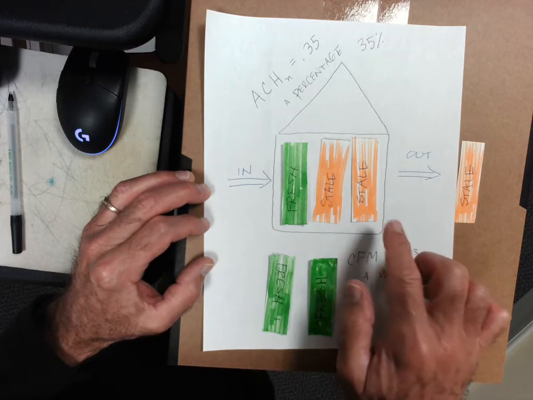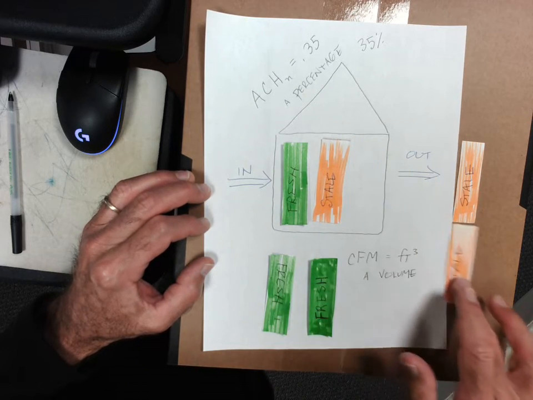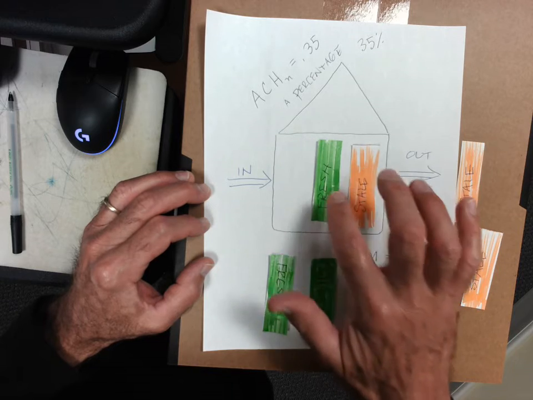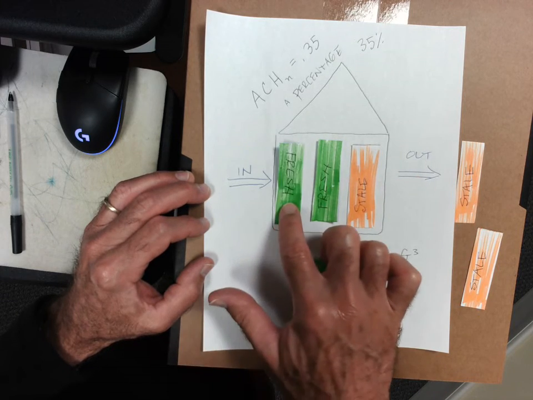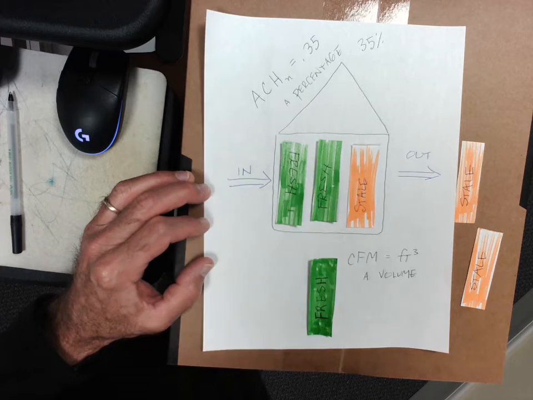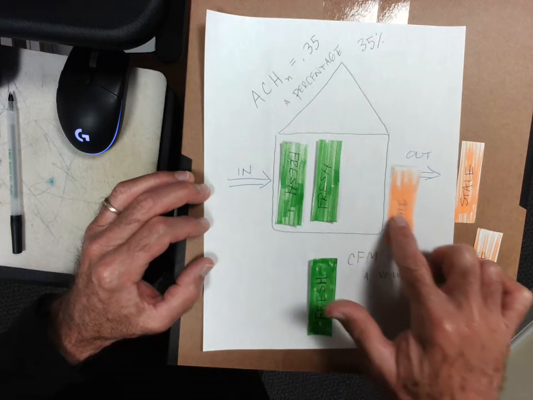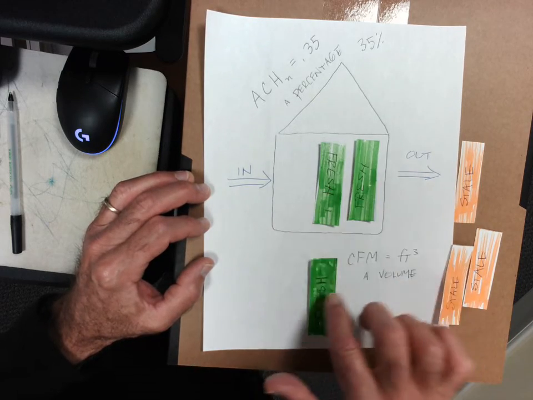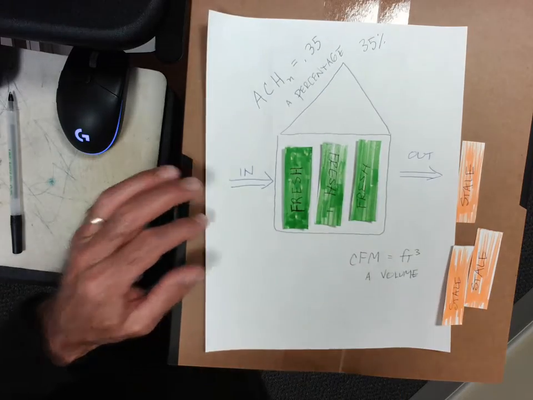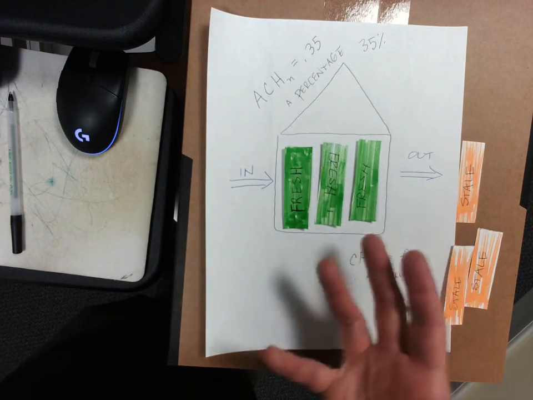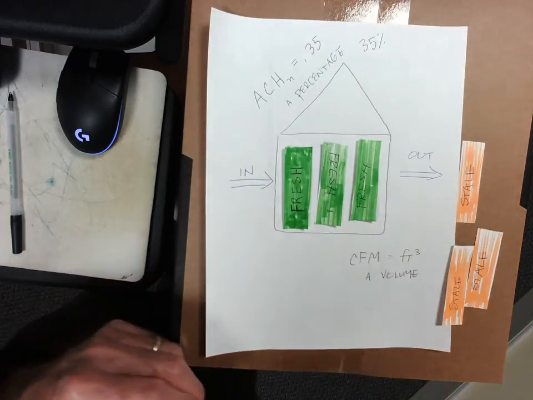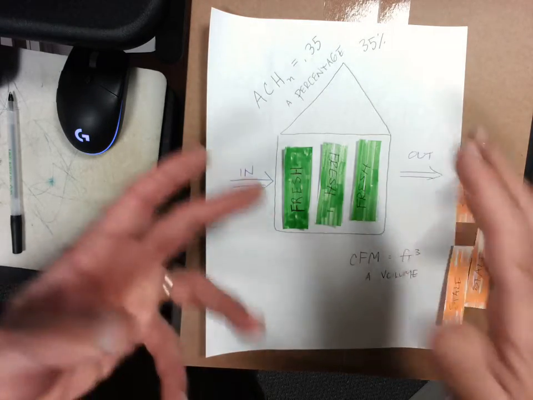Alright, and then the next hour we would move that out, and this would obviously be getting a little stale, but we'd move more fresh air in. And then next hour we'd move that out. Okay, so over the course of an hour we would have replaced 35% of the air.